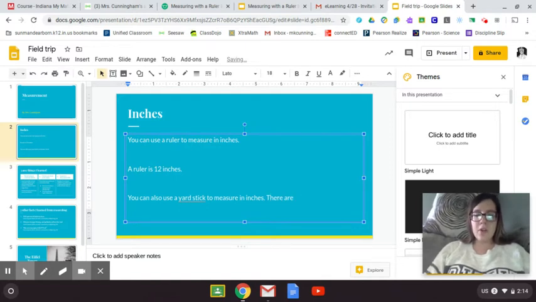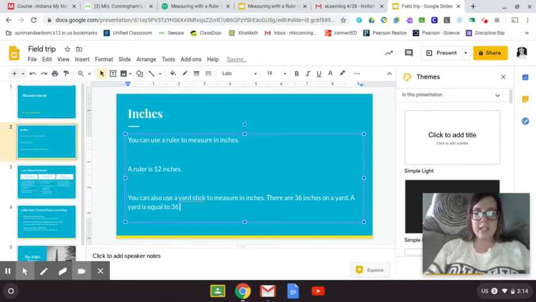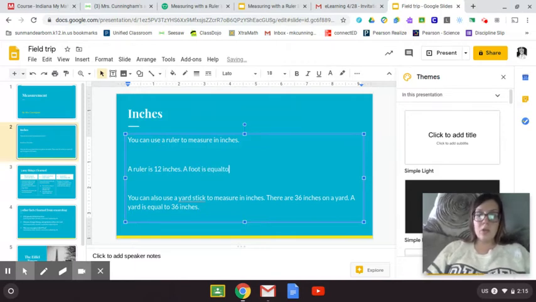There are 36 inches on a yardstick. A yard is equal to 36 inches. A foot is equal to 12 inches.